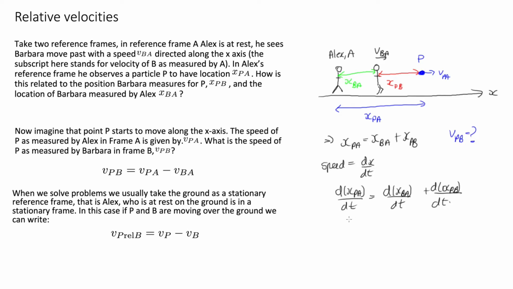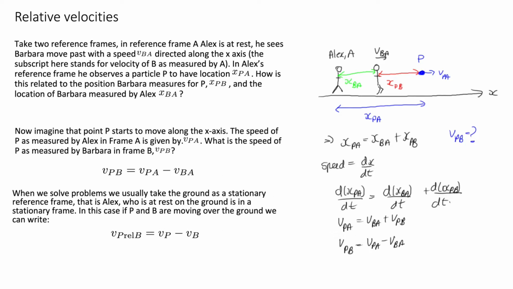Just differentiating these, we get VPA is equal to VBA plus VPB. To get VPB, we just rearrange, and VPB is equal to VPA minus VBA. So that was the equation we were trying to show.